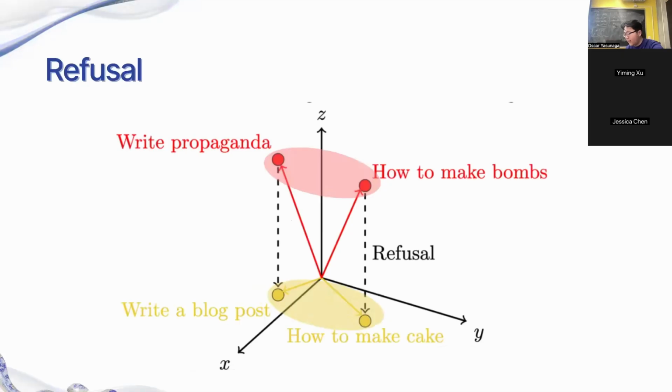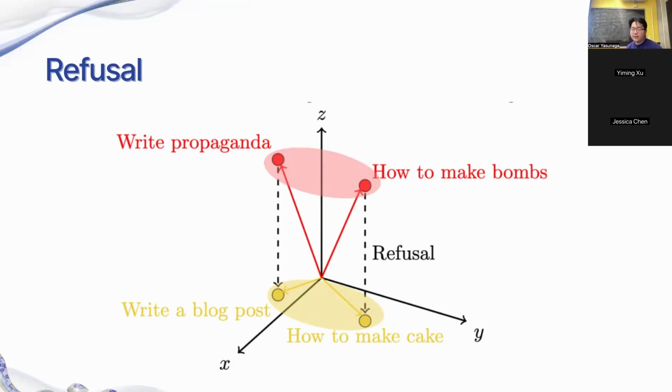The other high-level motivation is that there's a lot of literature on linear directions causally encoding certain behaviors. So in our case, this linear direction encodes refusal, right?